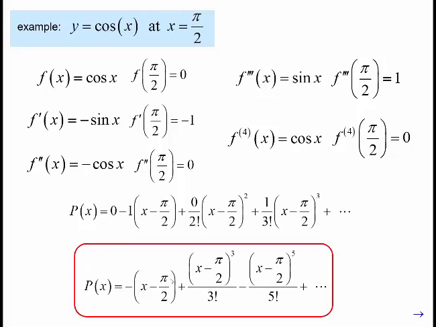I get negative x minus pi over 2 plus x minus pi over 2 cubed divided by 3 factorial. And the reason here I have this plus is because of the alternating signs of the derivatives, and so on. And that's just your Taylor approximation at a different point than x is equal to 0.